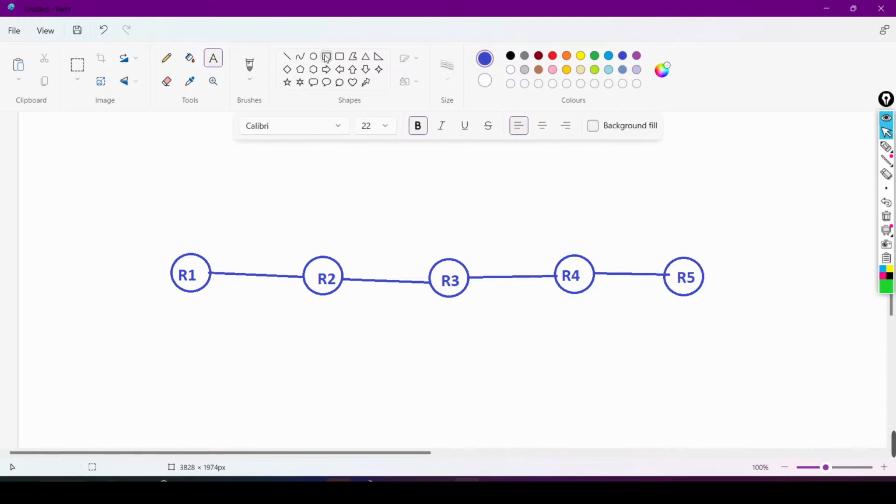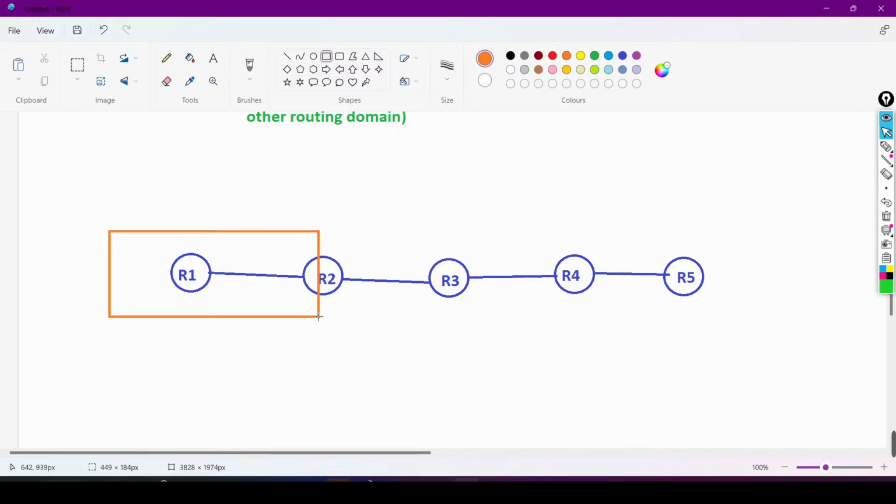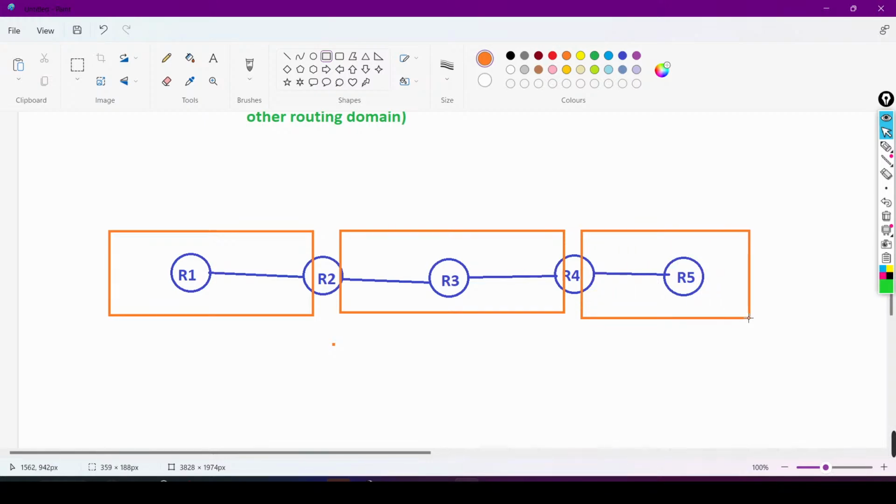Okay, now let's say this is my area 0, this is my area 1, and this is my EIGRP domain.